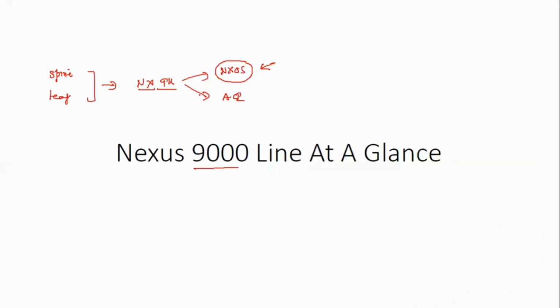NXOS mode means you have booted your hardware with the NXOS image. But if you want your 9K to work in ACI mode, then you have to boot all your 9K with the ACI image. So there will be two different types of image, NXOS image and ACI image.